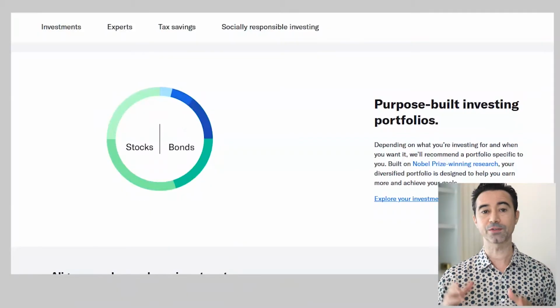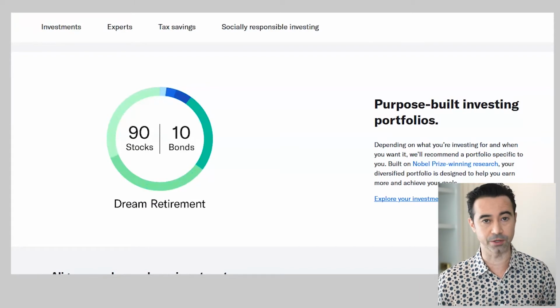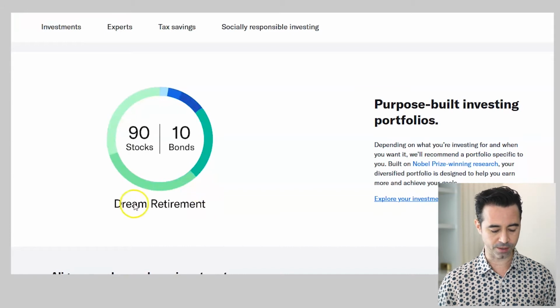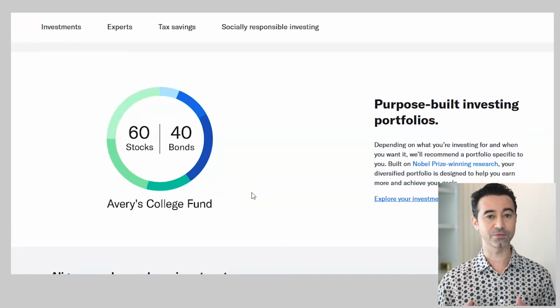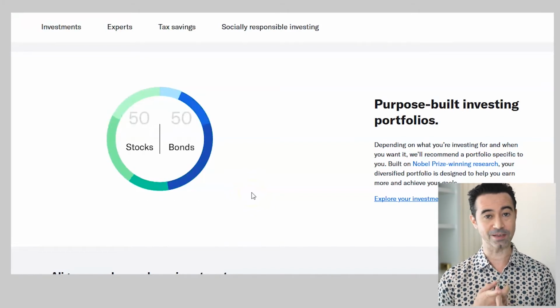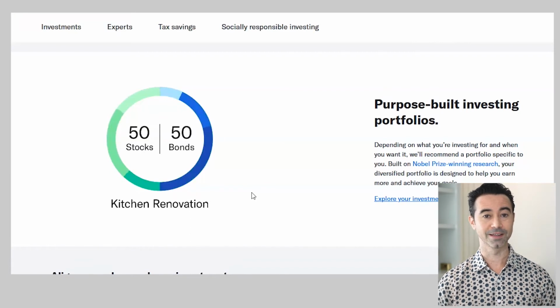So after they create your profile as well as your age, they're going to figure out how you specifically should be investing and your asset allocation. And these different allocations can actually work between the different life goals that you're going to create. So for example, if you have a kitchen renovation or a college fund or a dream retirement, they're going to have different potential allocations based on the thing that you're saving for, as well as what your risk tolerance questionnaire came back as.